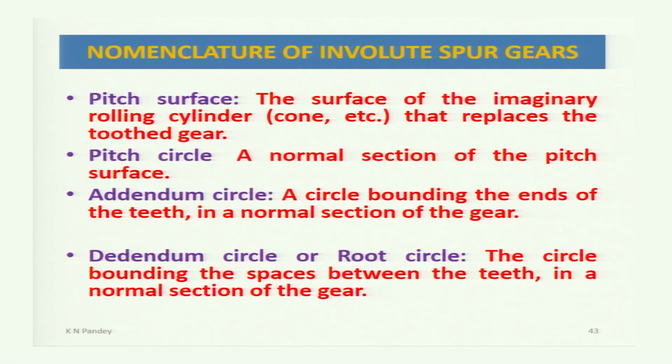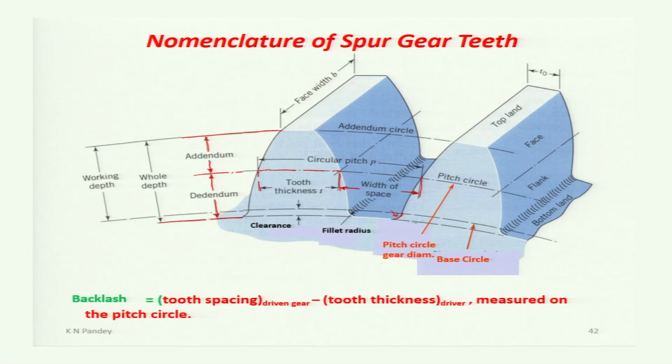Now, the pitch surface: if you see this figure, then along the pitch circle, if we see the surface along the width of the gear tooth, then that surface is called the pitch surface. So that surface will be this and this complete. So this all will be your pitch surface, all along the circumference.